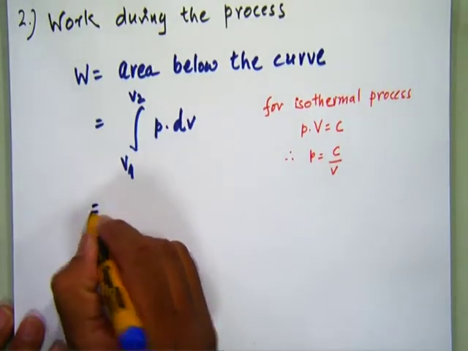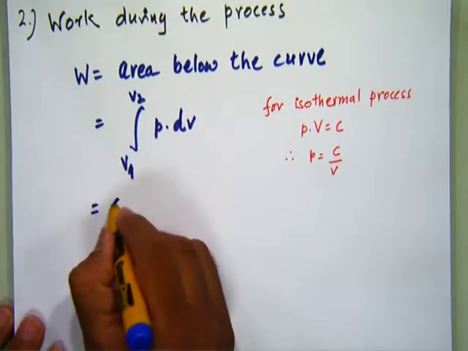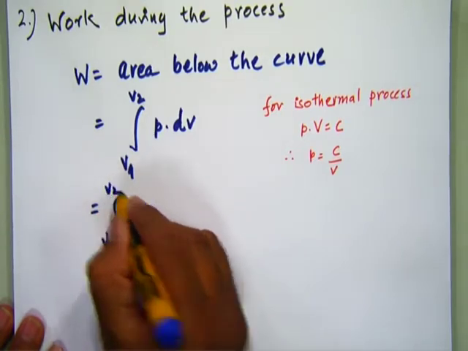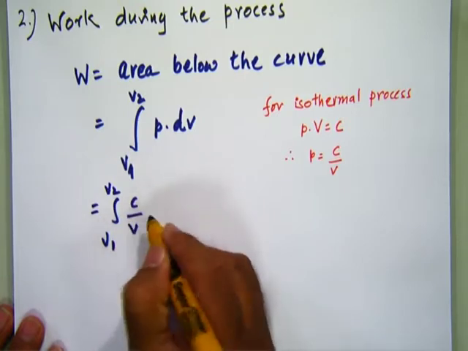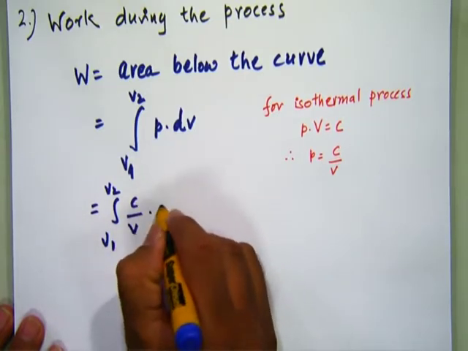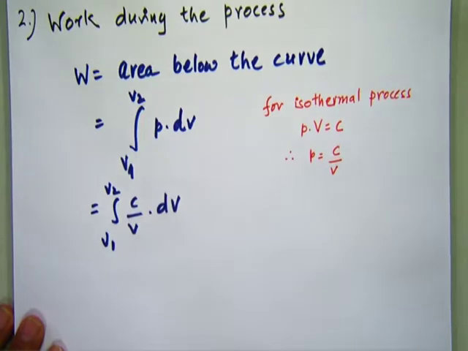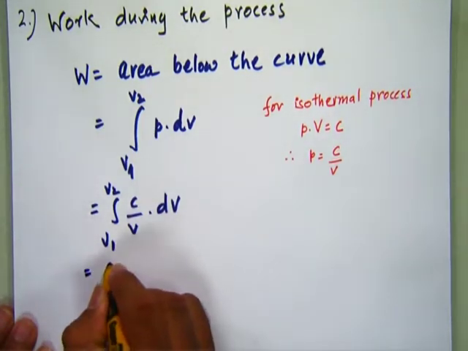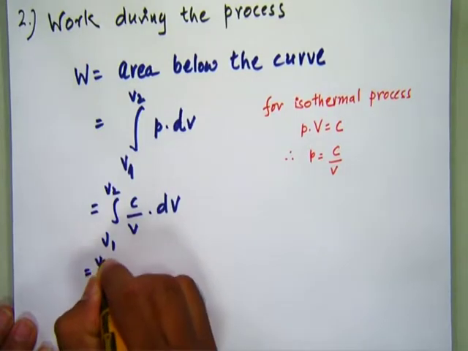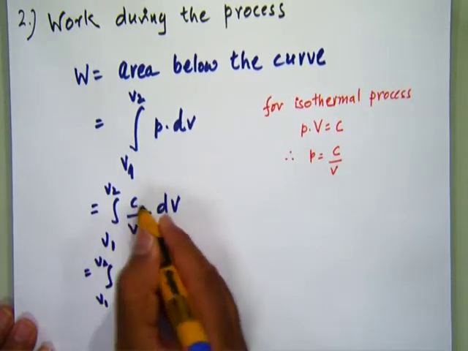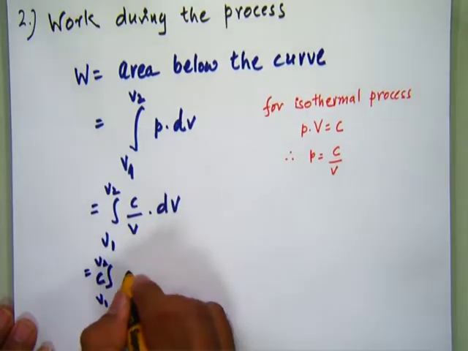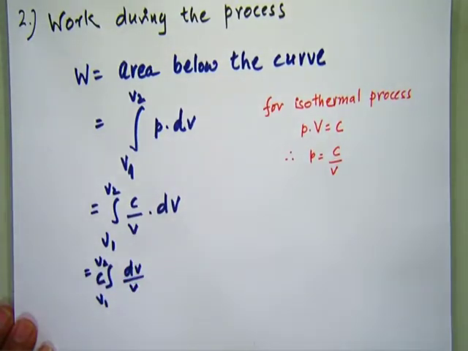So work done is integral from V1 to V2 of C upon V into dV. C is the constant, take it out, inside it remains dV upon V, right?